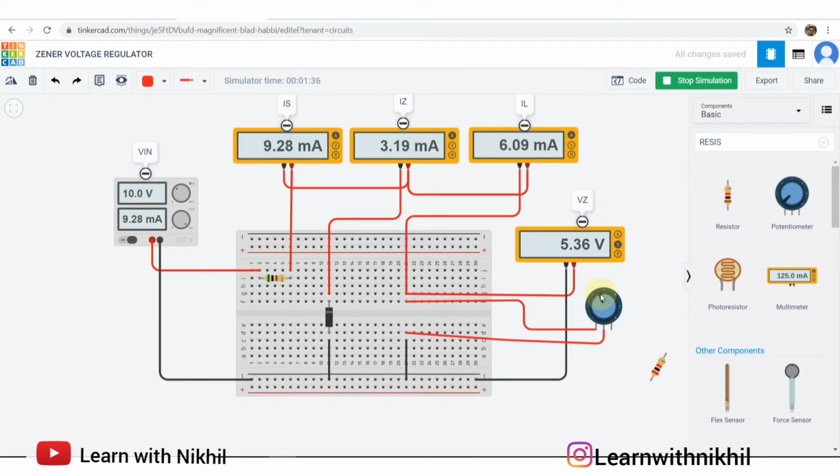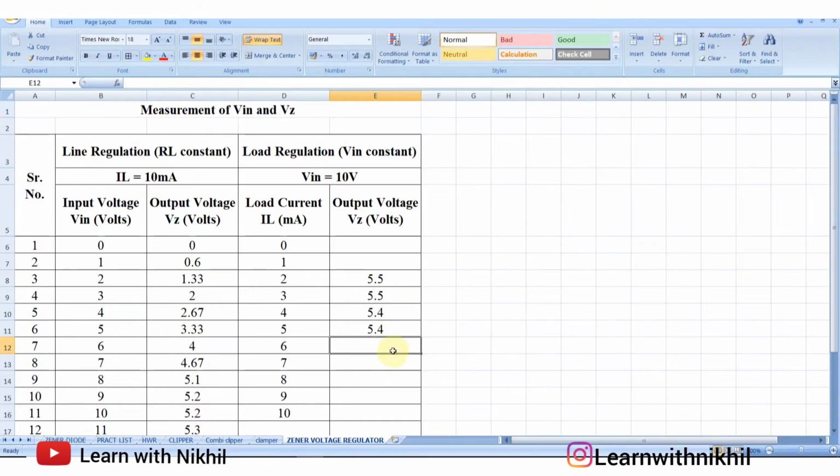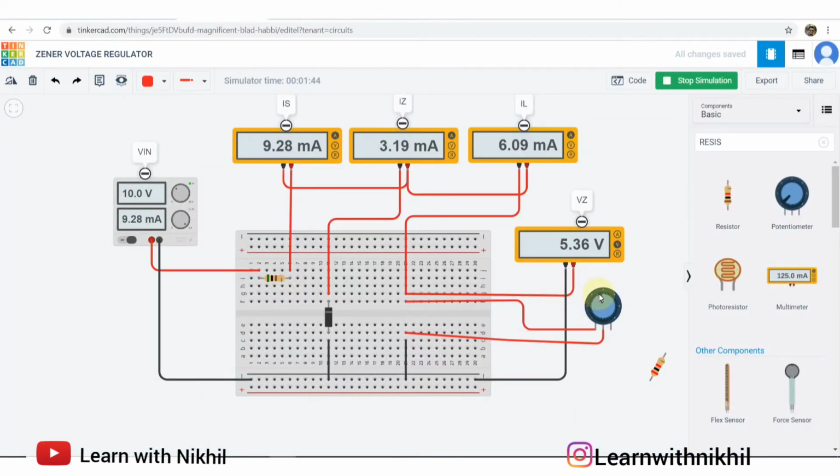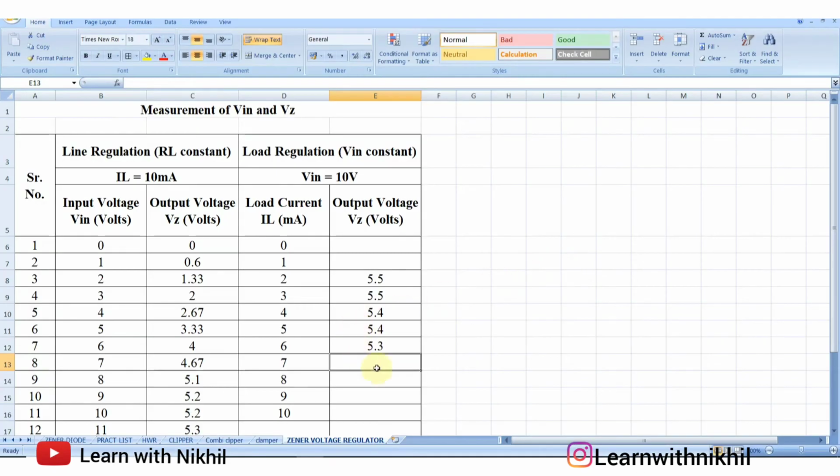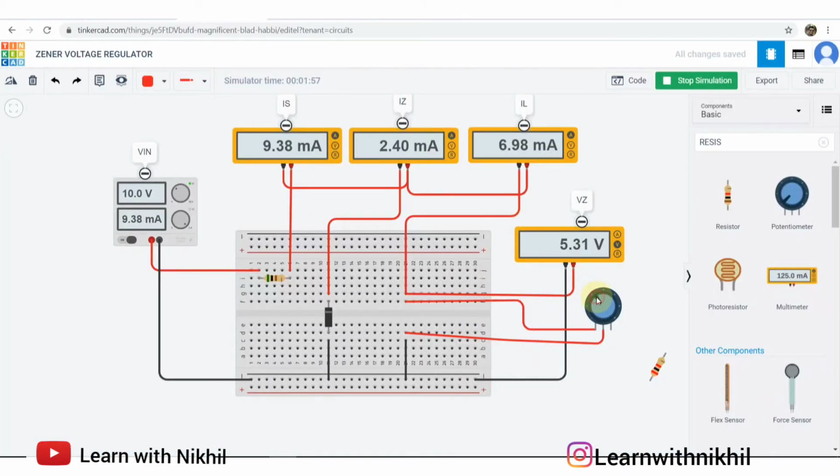As you can see, I am changing this, 6 volts, 6 milliamperes. This is 5.36, 5.3, then reducing the resistance. This is 7 milliamperes, 7 milliamperes, you have 5.2 voltage. 8 milliamperes, changing this resistance, 8 milliamperes, 5.2.